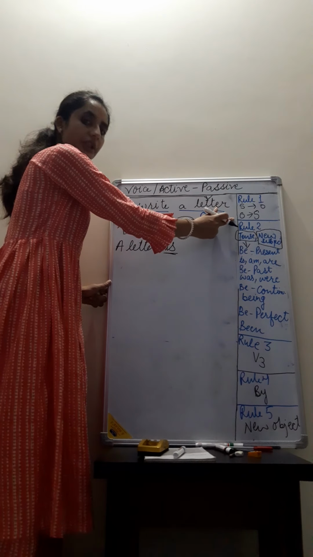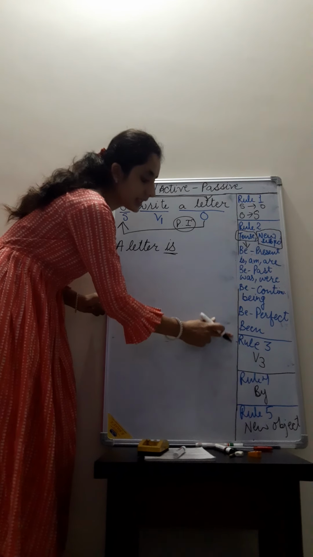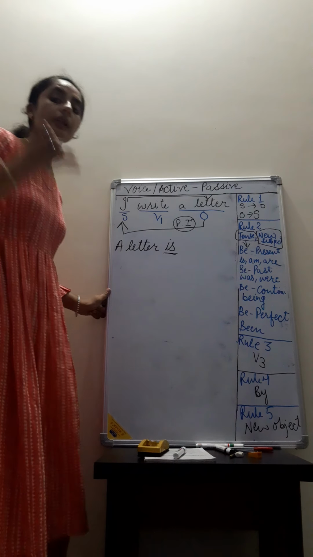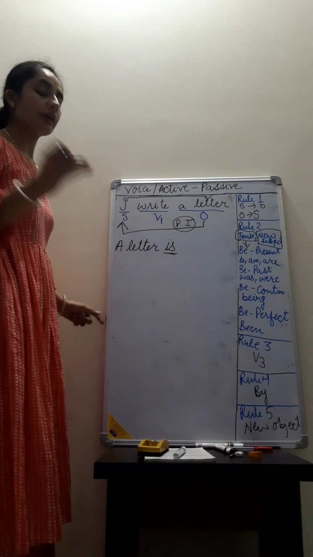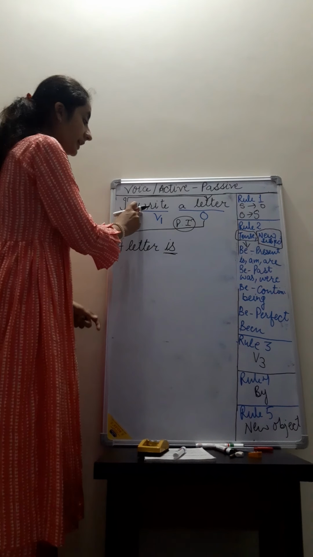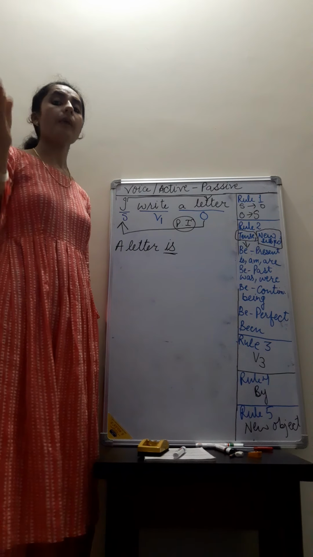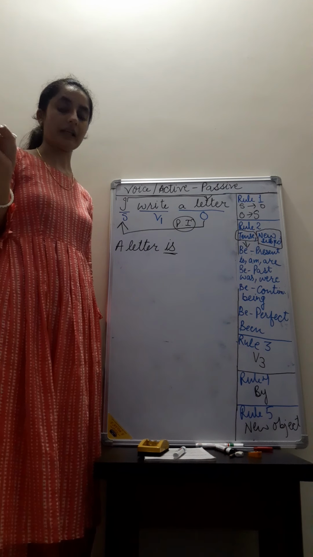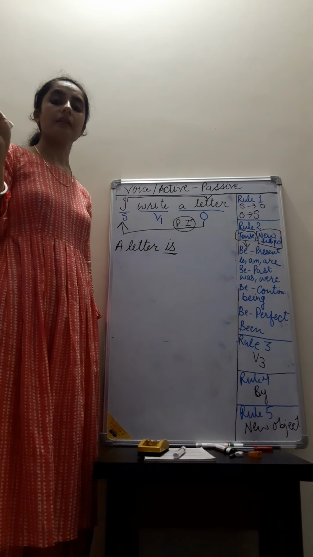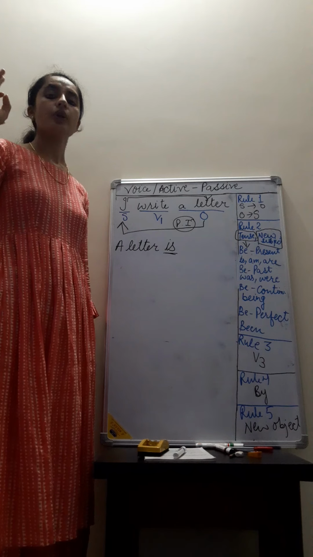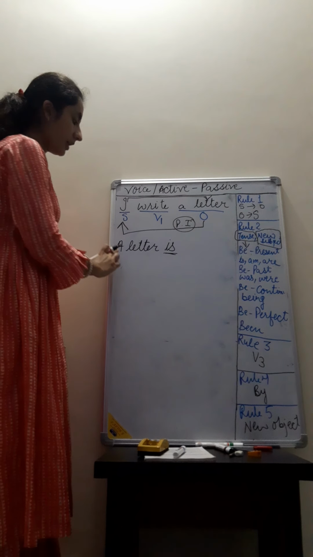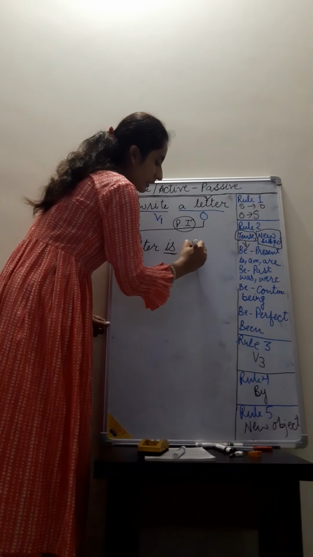We have completed rule number 1. And we will see rule number 3. Rule number 3 says add the verb's third form. Write is the first form. Wrote is the second form. Written is the third form. Write, wrote, written. So a letter is written.